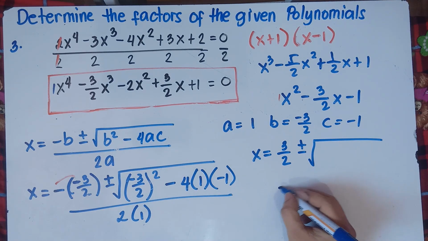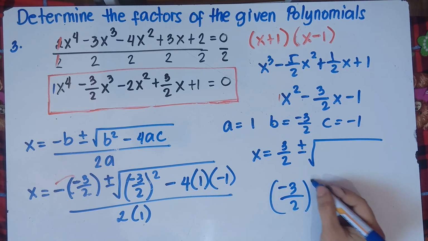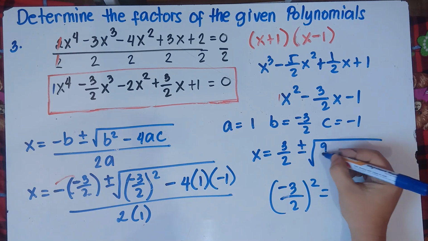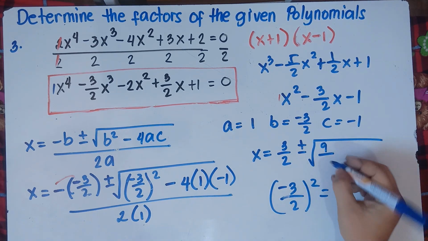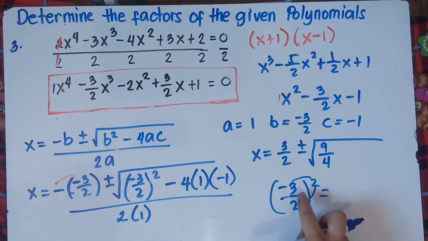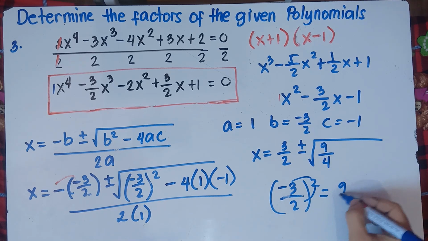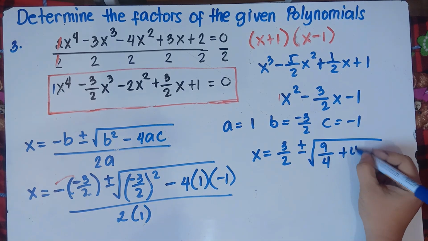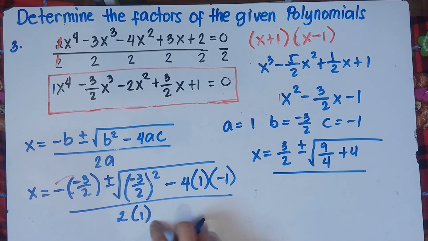Negative 3 times negative 3 is positive 9, and 2 times 2 is 4, so that would be 9 over 4. Then negative 4 times 1 is negative 4, times negative 1 is positive 4, all over 2 times 1, which is 2.